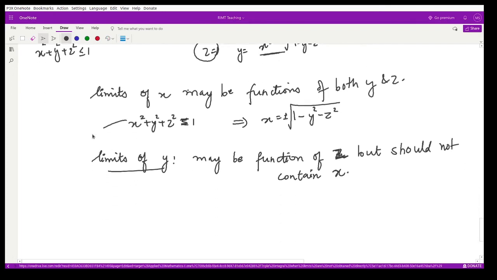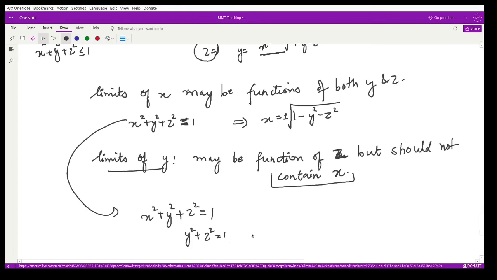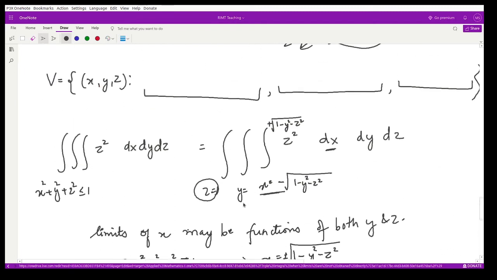We will again consider x square plus y square plus z square is equal to 1. Because we are taking the limits to be x independent, we will take y square plus z square is equal to 1. From here you can evaluate the value of y. This would come out to be plus minus square root of 1 minus z square. So your lower limit becomes minus of this quantity and the upper limit becomes plus of this quantity: minus square root of 1 minus z square and square root of 1 minus z square, a positive quantity.